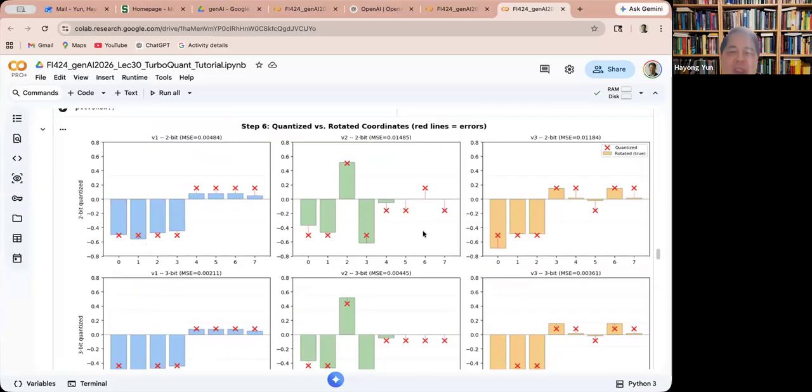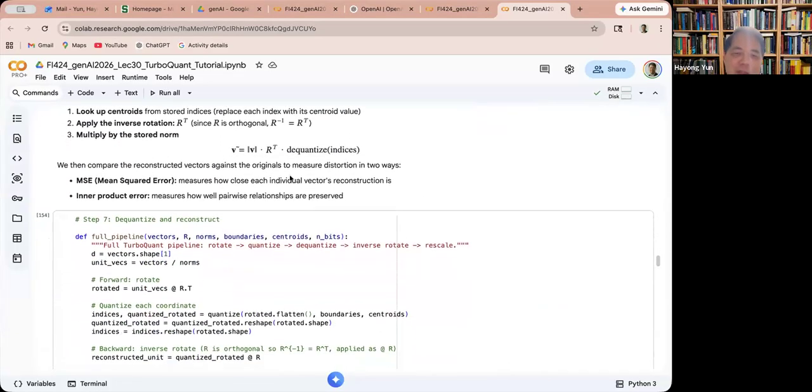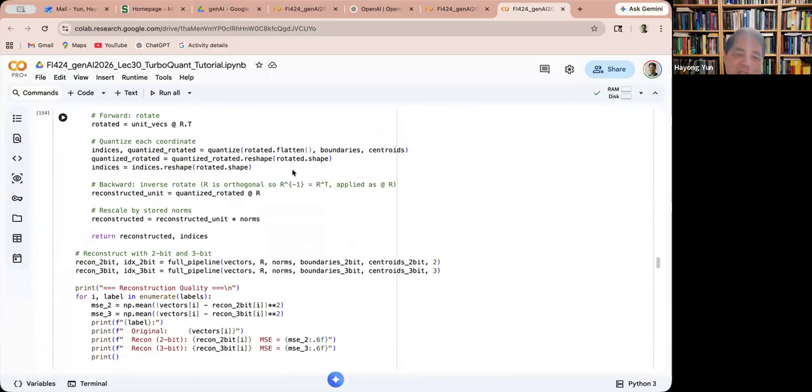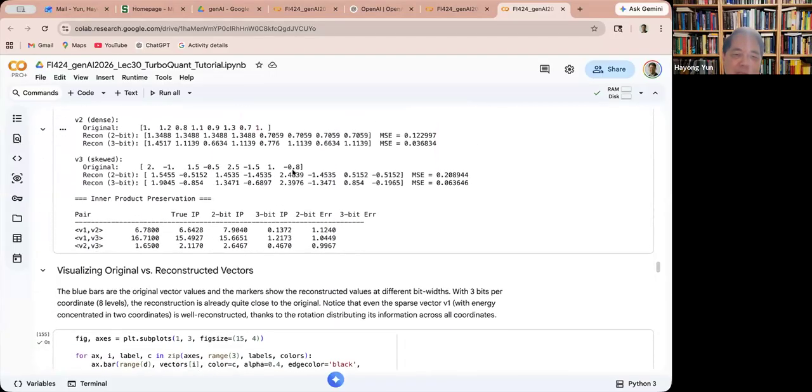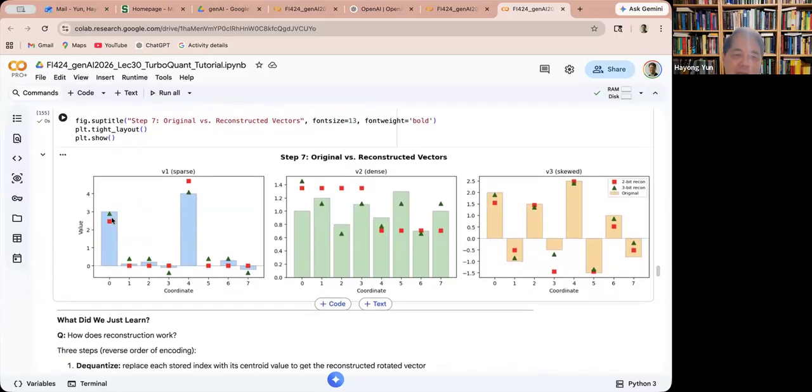So you only need to remember 4 levels for each vector dimension. Now you invert it by matrix multiplying R transpose, and multiply the magnitude back. Compared to the original bars, the quantized bin reproduced approximations are pretty good, isn't it?